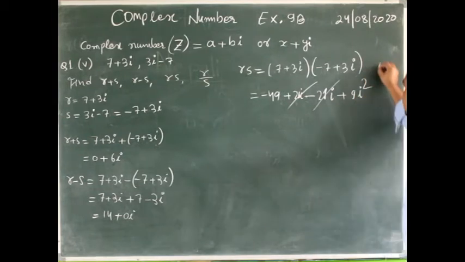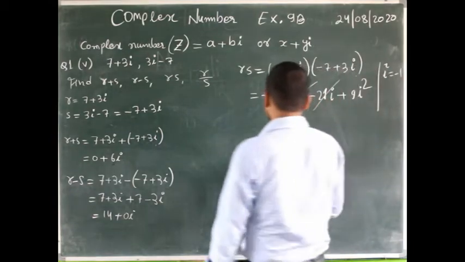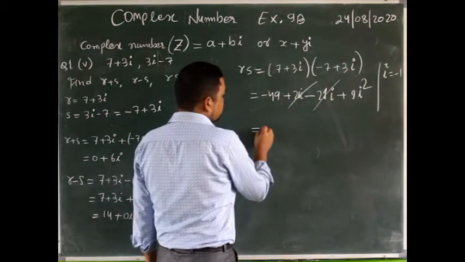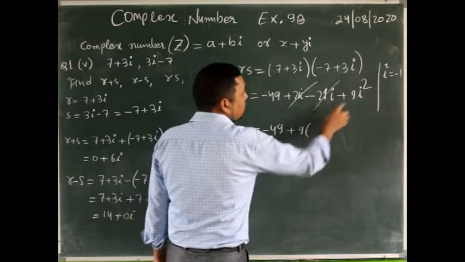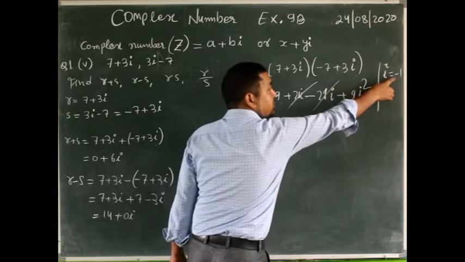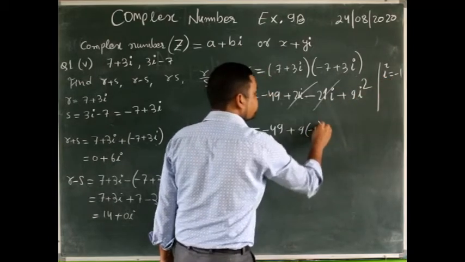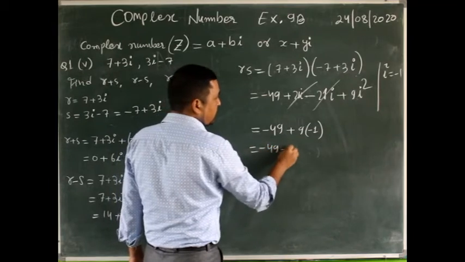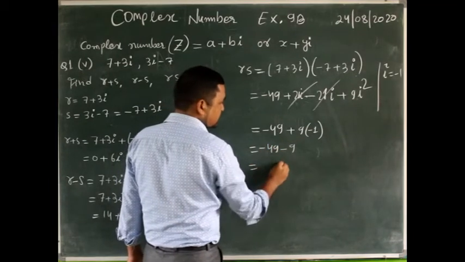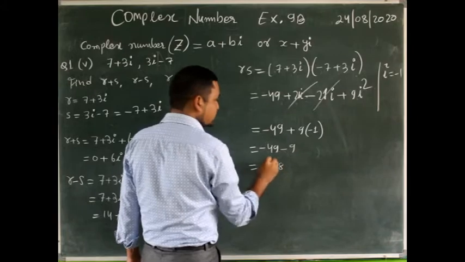Then what is the value of i square? The value of i square is minus 1. Now this is minus 49 plus 9 i square. In place of i square, substitute its value, minus 1. Now this is minus 49 minus 9, which is minus 58.